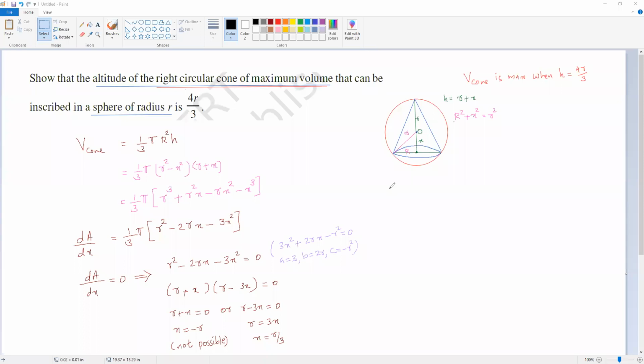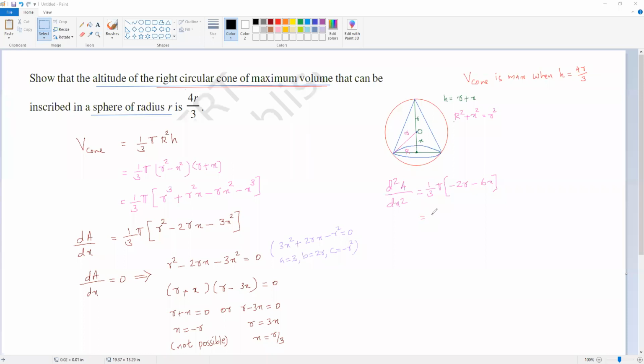For that we need the second derivative, d square V by dx square. 1/3 pi is constant. Then r square is constant, derivative 0, minus 2r into derivative of x which is 1, minus 3 into derivative of x square which is 2x, so minus 3 into 2, 6x.